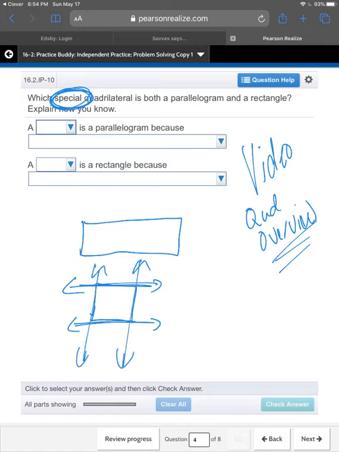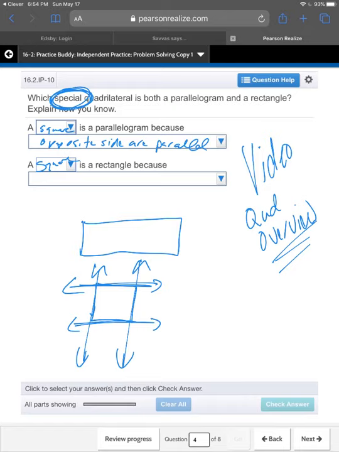So a square is a parallelogram because opposite sides are parallel. A square is a rectangle because, now let's look at a rectangle.